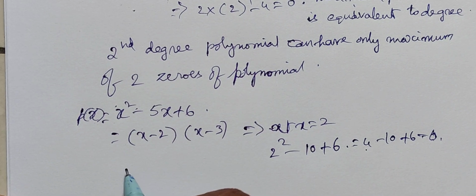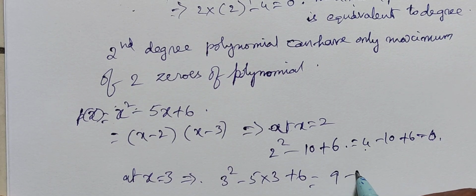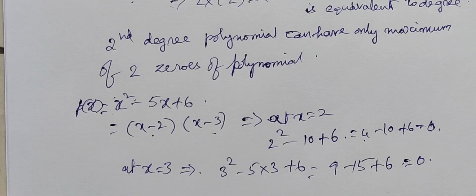Similarly at x equal to 3, substituting in the polynomial, it becomes 3 square minus 5 into 3 plus 6, that is 9 minus 15 plus 6. 9 plus 6 is 15, and 15 minus 15 is 0. So these are the two zeros of this given polynomial.